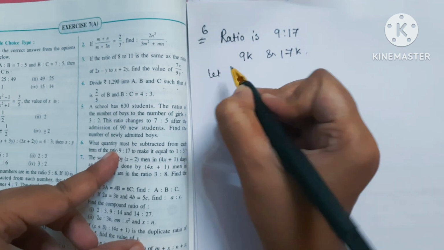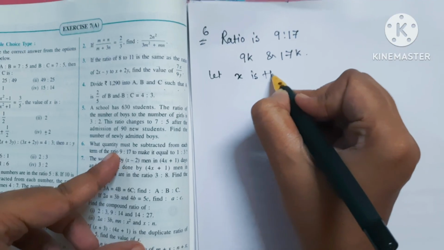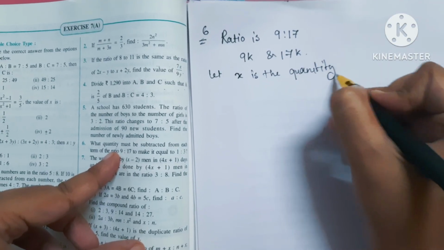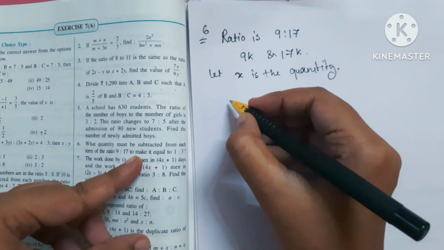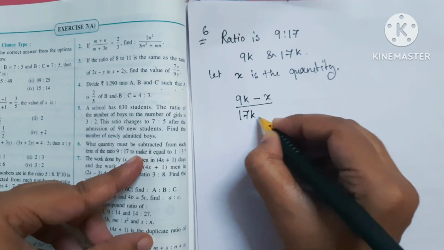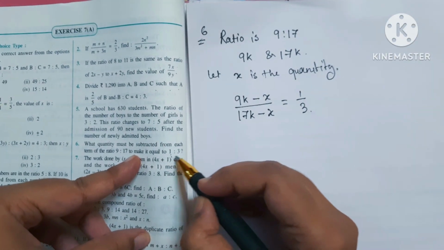Now let the quantity is x that must be subtracted from each terms. So according to the question, 9k minus x by 17k minus x, that will be equal to 1 by 3. Okay.